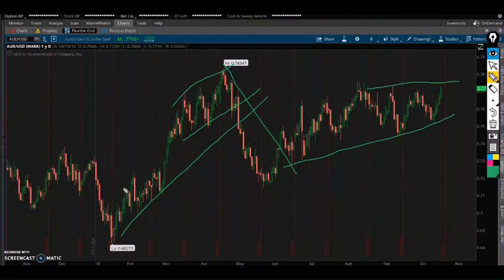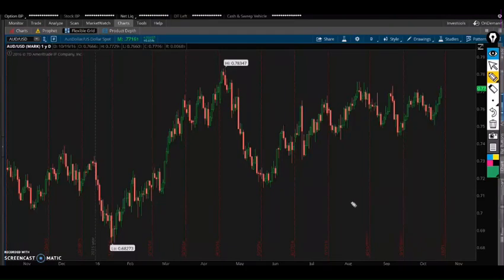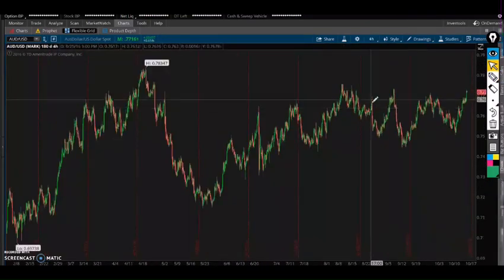So we've got a pretty clear direction from the market at all times. We just have to step back and notice. 4 hour, the same thing.